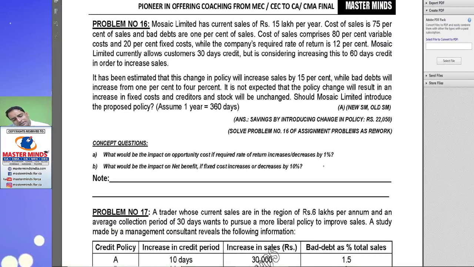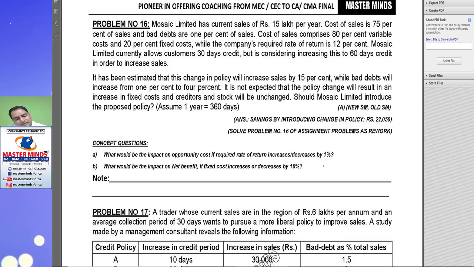It is not expected that the policy change will increase the fixed cost, and creditors and stock will be unchanged. So they are saying that there is no change in inventory and the credit allowed by the creditors. So that means the only change is investment in debtors.